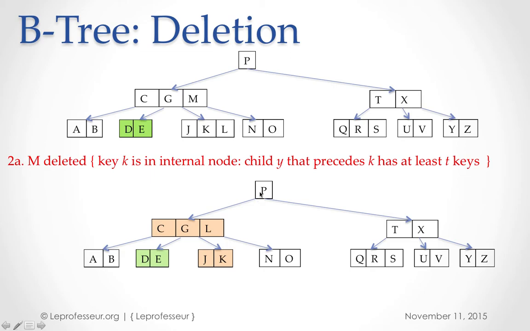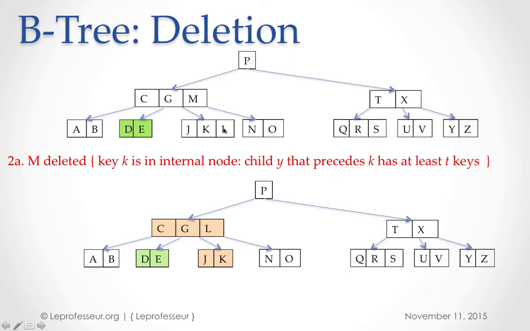Now let's talk about another case, in which a key k is in the internal node. So we want to delete M, which is at an internal node, and the child which precedes k has at least t keys.